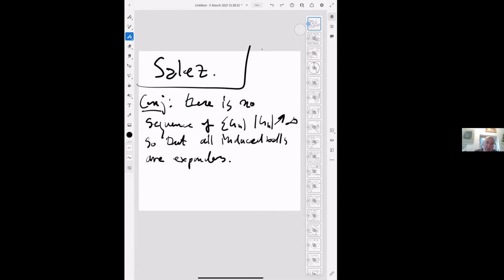Sorry, a question about the previous slide. When you were talking about non-amenability implying the Liouville property, you're talking about two classes of graphs, unimodular random graphs and BS limits.